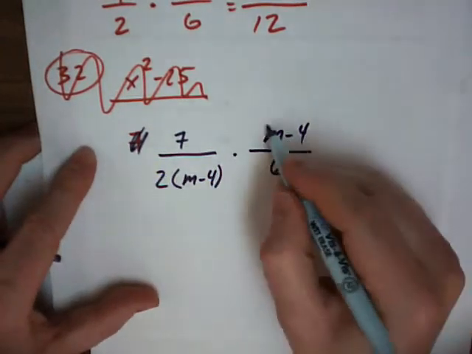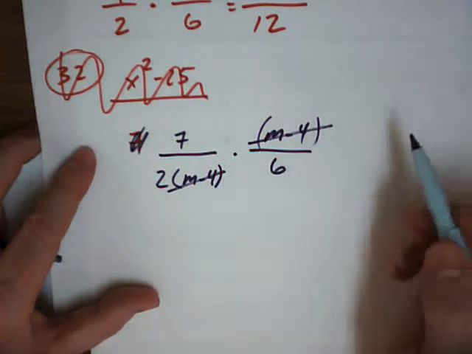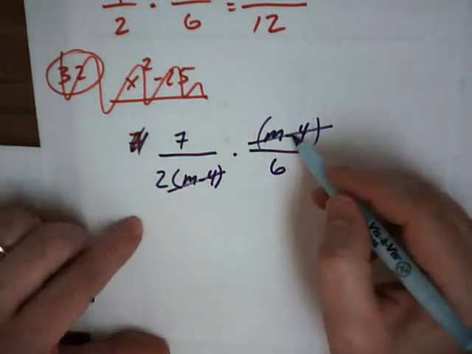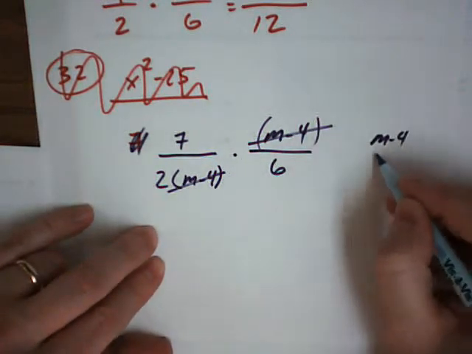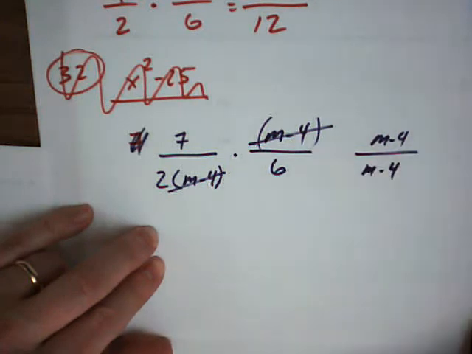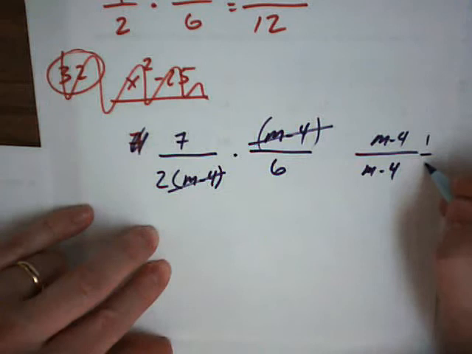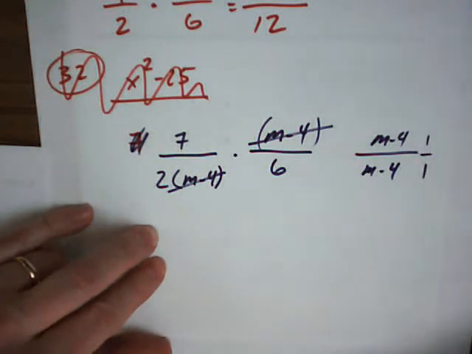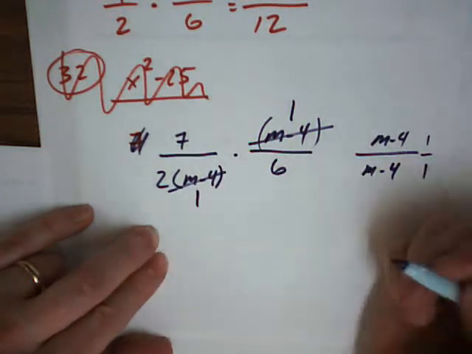Now when I cancel that, because it's the same thing, it's not like it just poof, there's nothing there now. It's really like saying m minus 4 divided by m minus 4. That's really what I've done. And if it's the same thing on top and bottom, it's like saying 1 over 1. So they turn into 1s. So when I cancel this, there's like a 1 there, there's like a 1 here.